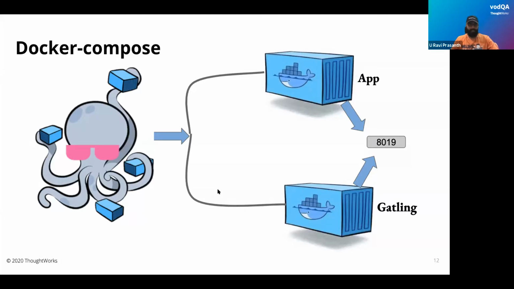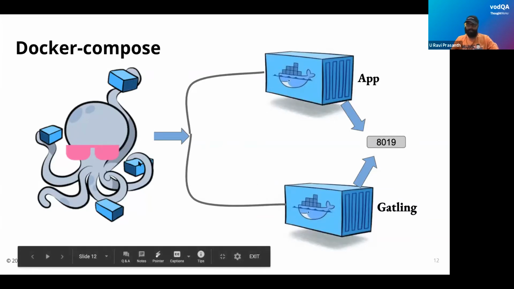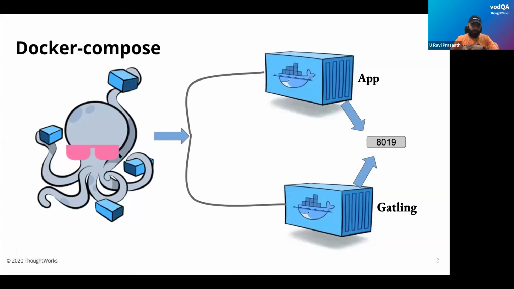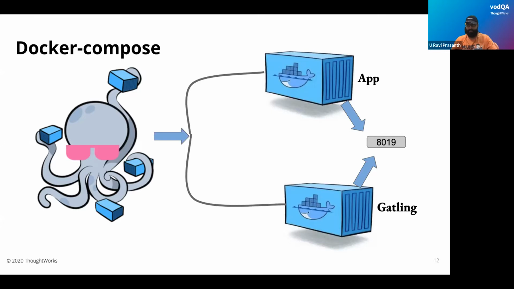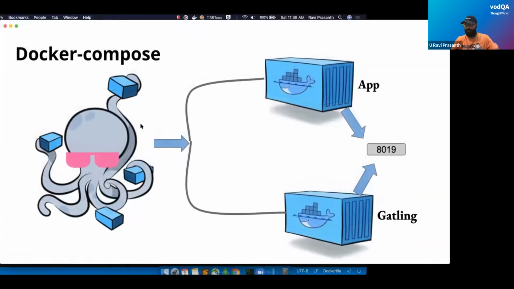If your machine is capable enough, you can bring even more containers. In our case, we are going to write a Docker Compose file with one service for the app and one service for Gatling, and we'll see how everything that we have done so far can be compressed in a single file itself. So this is Docker Compose.